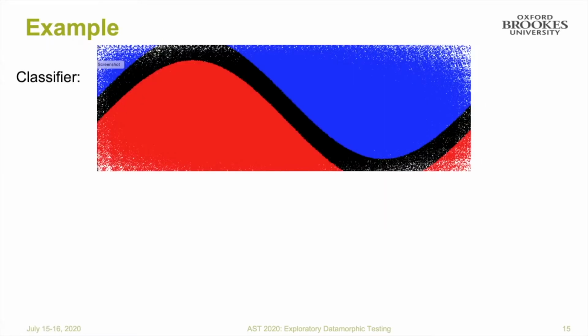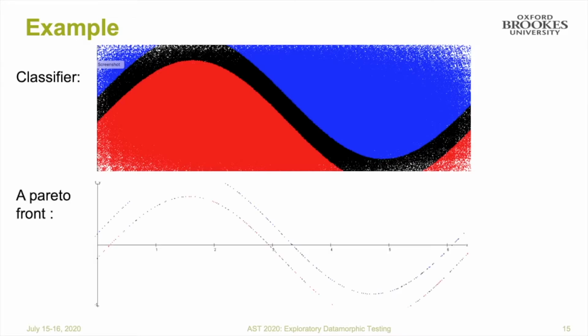For example, consider a classifier shown in the diagram here. An example Pareto front could look like this. Each dot on the screen is actually a pair of dots in the input space. They are so close to each other that they are visually inseparable.